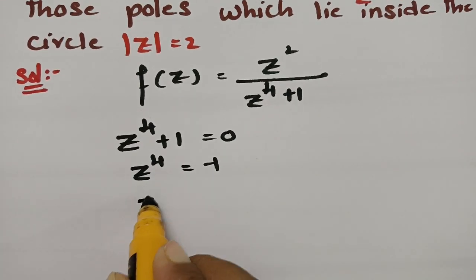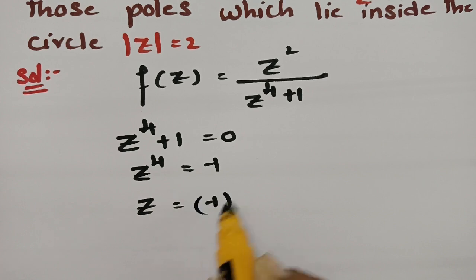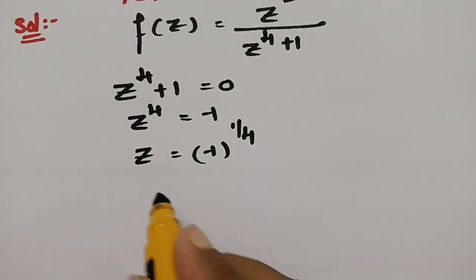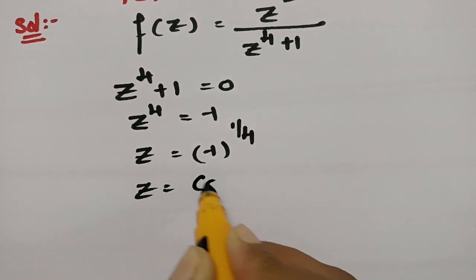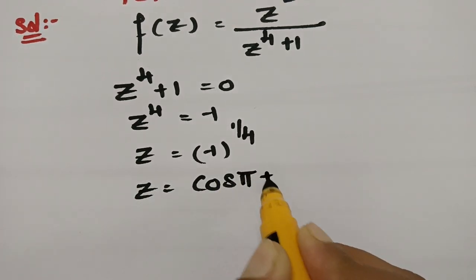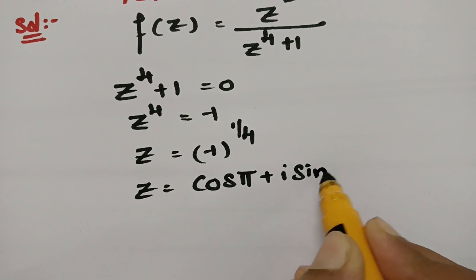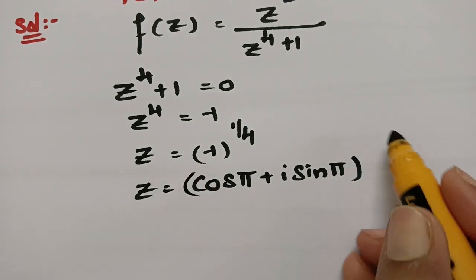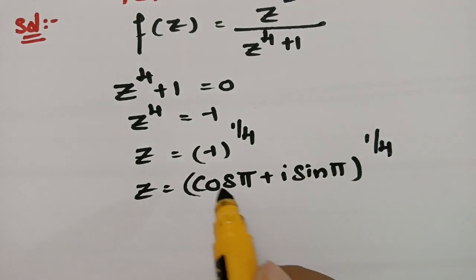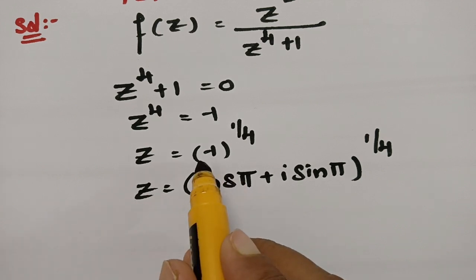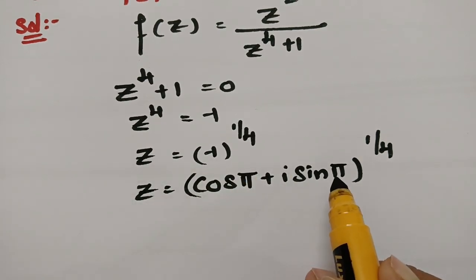So our z value will be minus 1 to the power 1 by 4. Minus 1 can be written as cos pi plus i sin pi, to the power 1 by 4. Cos 180 degrees value is minus 1 and sin pi value is equal to 0.